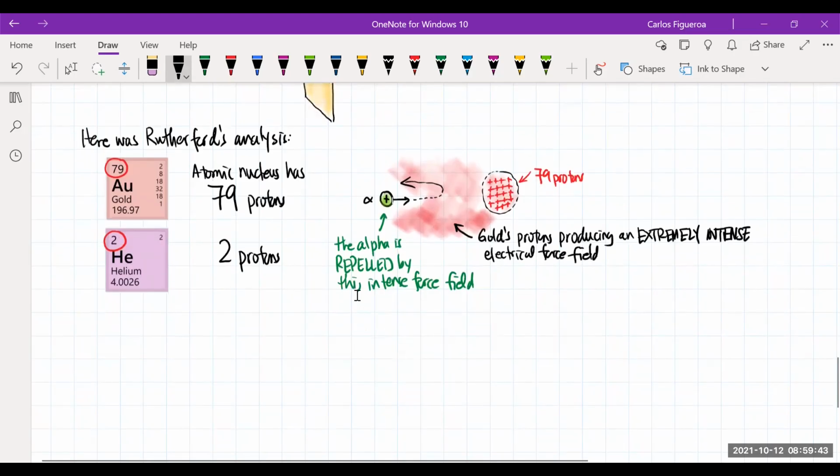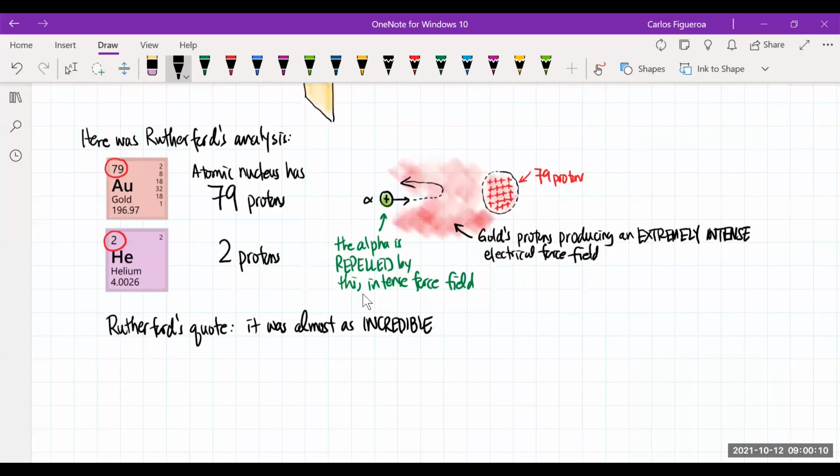And Rutherford's quote, in my opinion, is one of the best I've ever seen. This is Rutherford's quote on this experiment. He says, it was almost as incredible as if you fired a 15-inch shell.